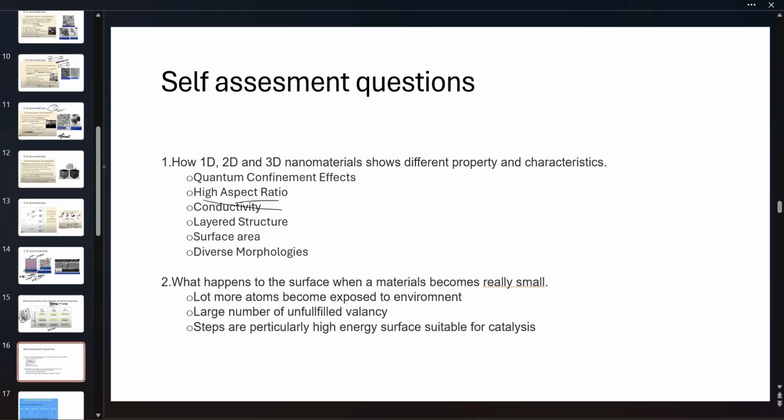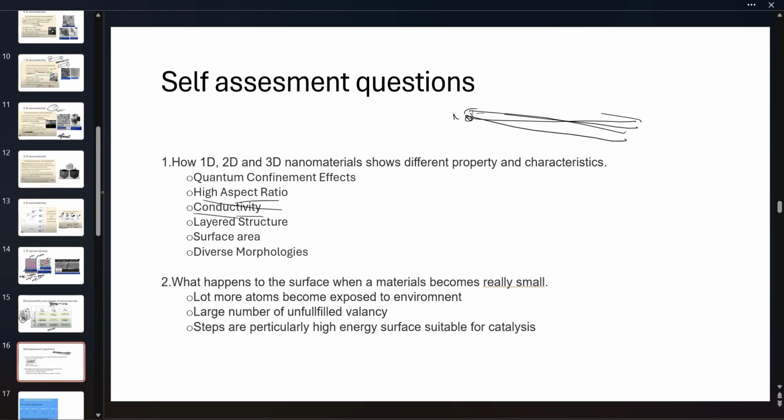The aspect ratio changes. 1D and 0D have really very large aspect ratios, where thickness is very small compared to the length. This changes as you go from 1D to 2D to 3D.